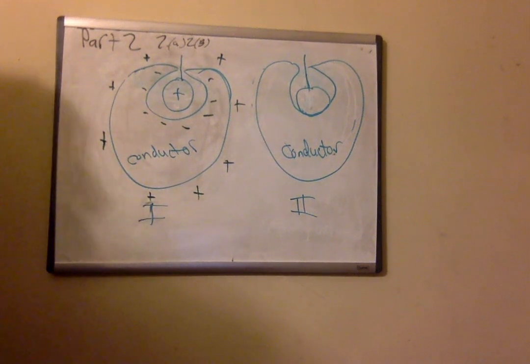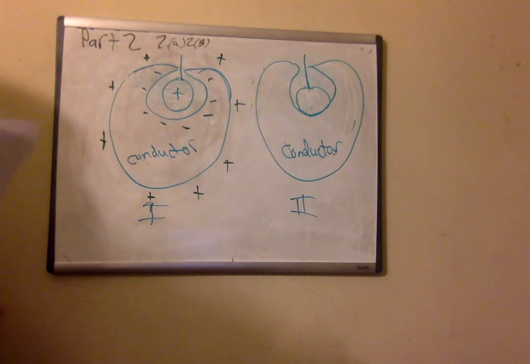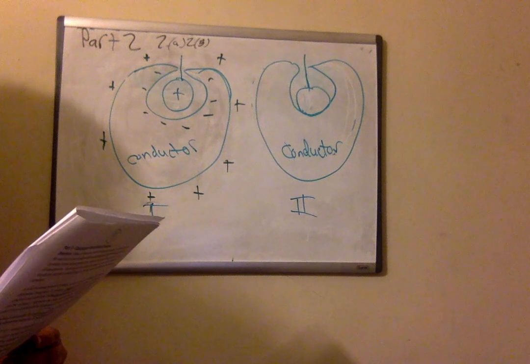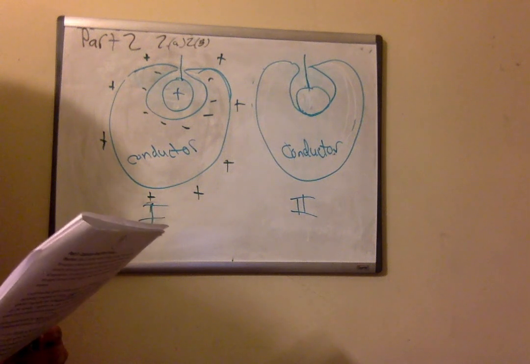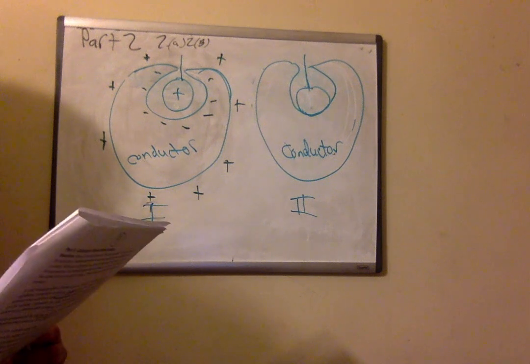So now, in part two, the sphere makes contact with the inner surface of the cavity. And so what they want us to do is, if the conductor is under electrostatic conditions, we need to draw the net charge on the conductor, or how the net charge of the conductor will be distributed.